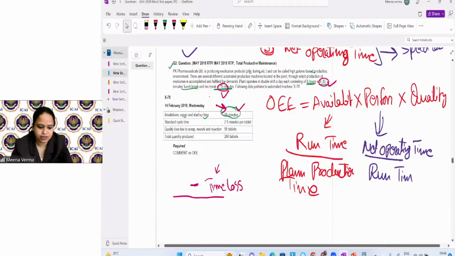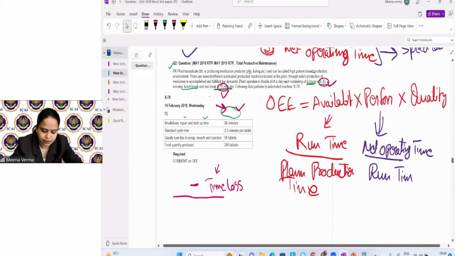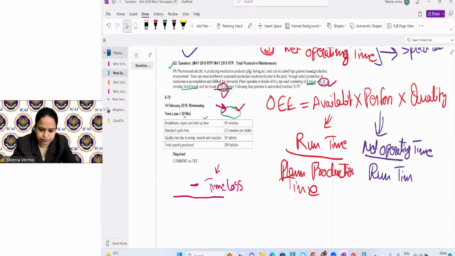All right, let me write it there. Time loss is 30 minutes plus 15 minutes, then 68 minutes is also a time loss, right? These are all time loss.